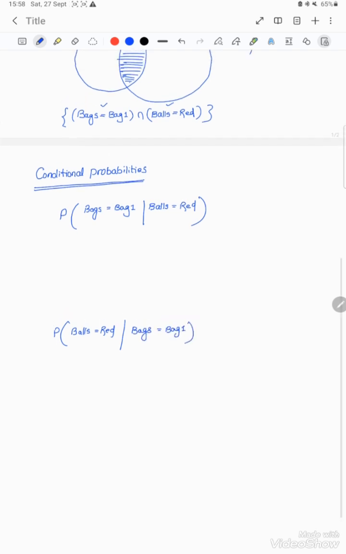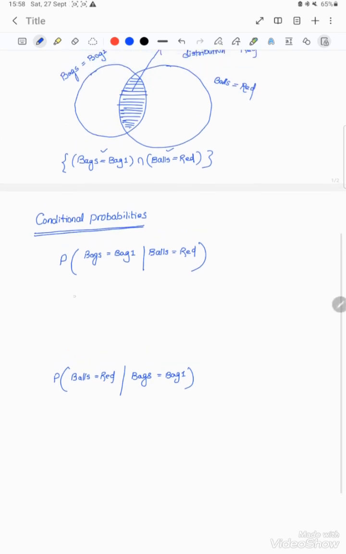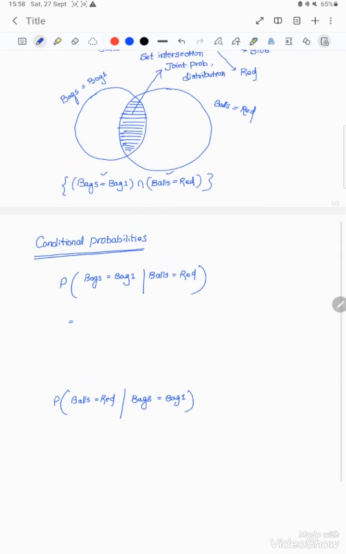So if we look into this Venn diagram, how to compute this one? To compute the probability of bags equal to bag 1 given balls equal to red, we will have the probability of bags equal to bag 1 and balls equal to red, divided by the probability of balls equal to red.